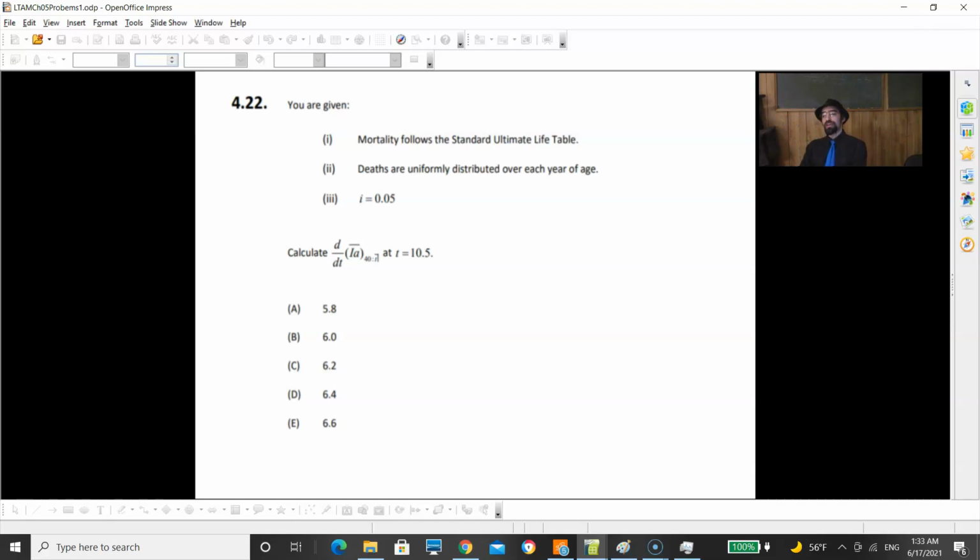So if we think of the increasing annuity as an integral, right, it's an integral because it's continuous, and we want the derivative of that integral with the fundamental theorem of calculus. That just means we need the expected value being added per unit time 10.5 years in.